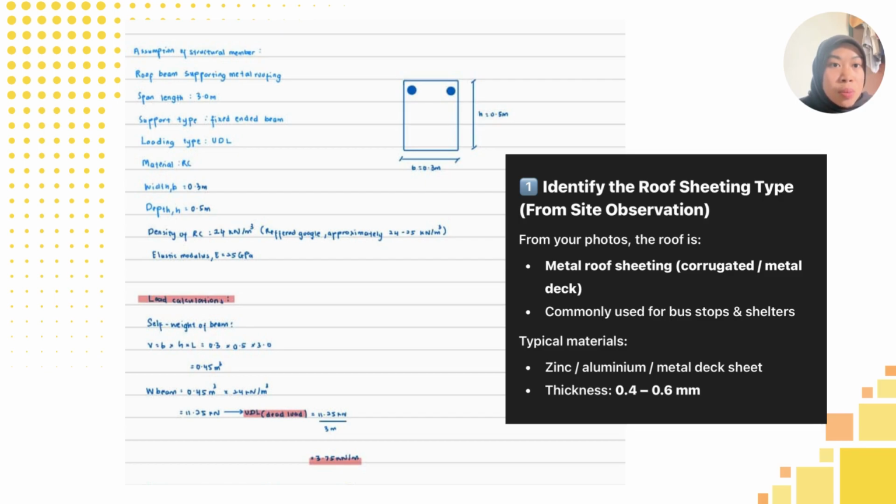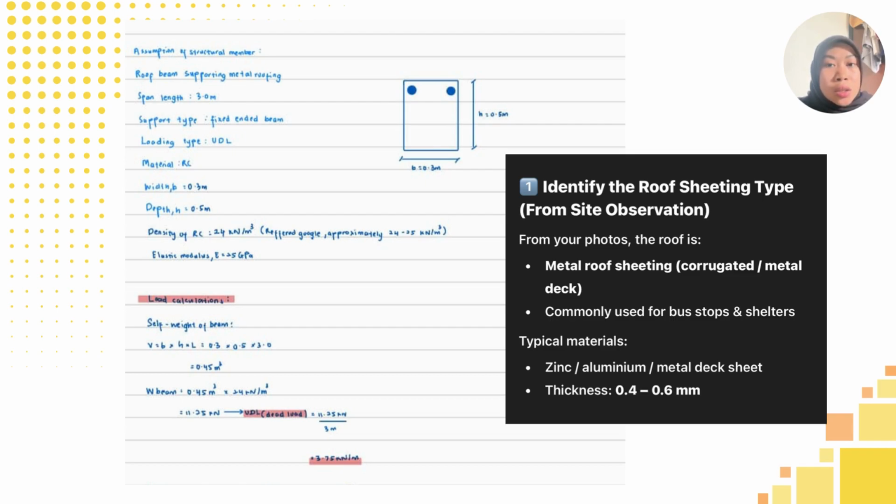As for the self-weight of the beam, the volume is width times height times length, which I got as 0.45 meter cube. I multiply it by 24 kilonewton per meter cube, which is the density of reinforced concrete that I referred from Google, usually approximately 24 to 25 kilonewton per meter cube.